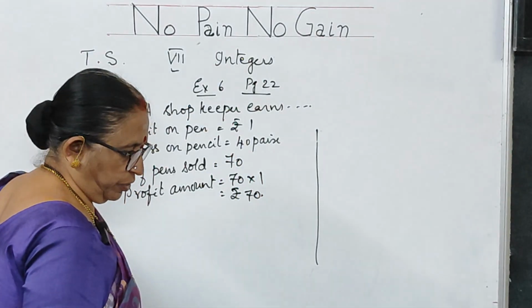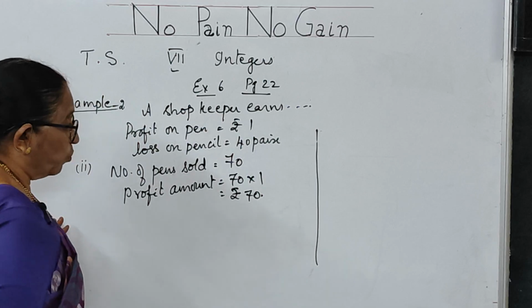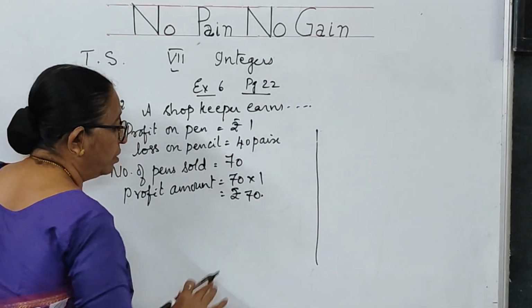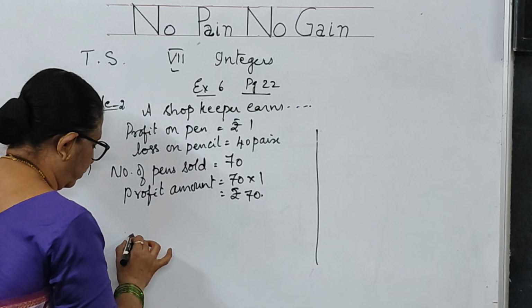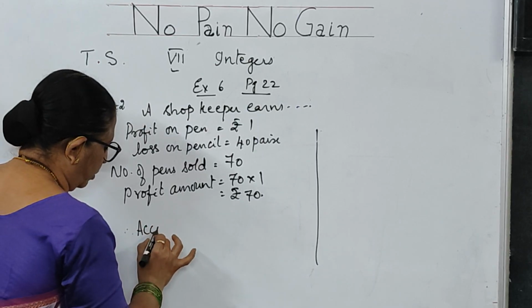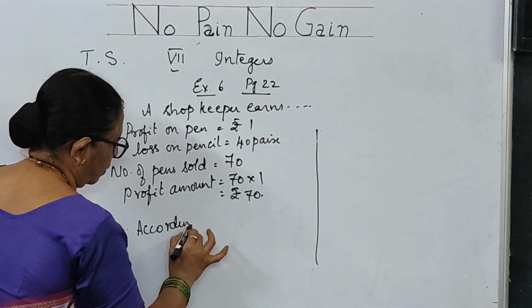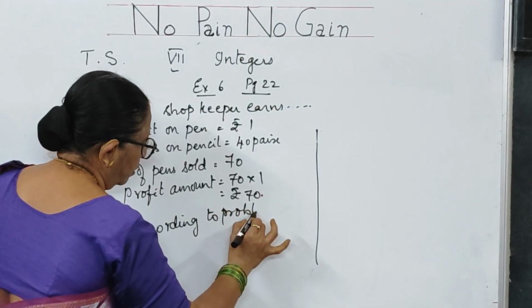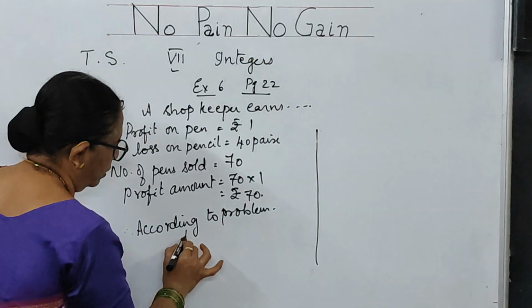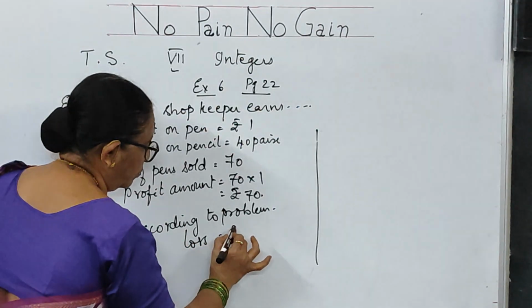Now, what does the problem say? There is no profit, no loss. Therefore, according to the problem, loss is also rupees 70.